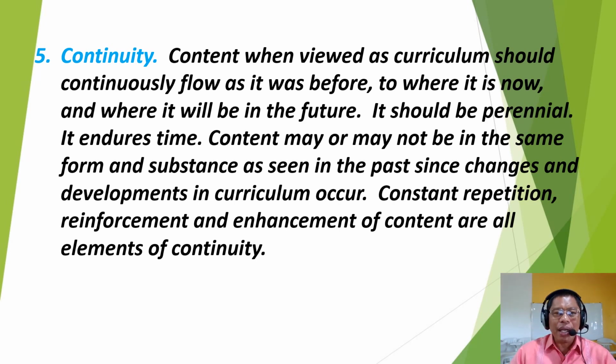Yun pang ibig sabihin ng spiral curriculum. And that is one way of achieving continuity in our content. Yung magkakaugnay-ugnay, magkakadugtong-dugtong, so that the lessons flow seamlessly or flow continuously.